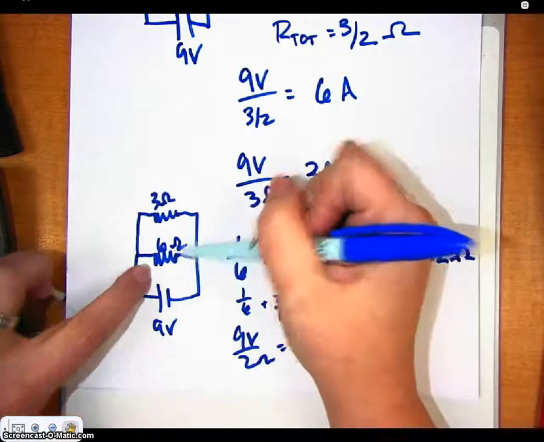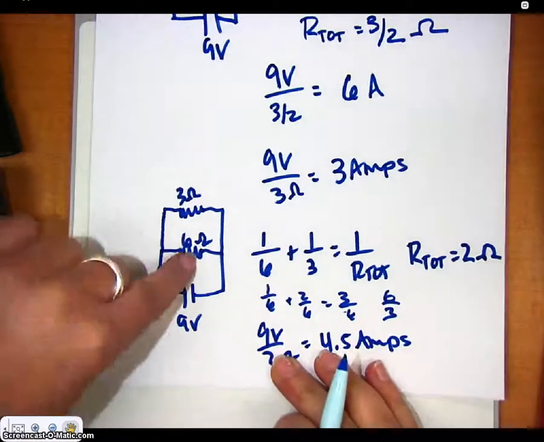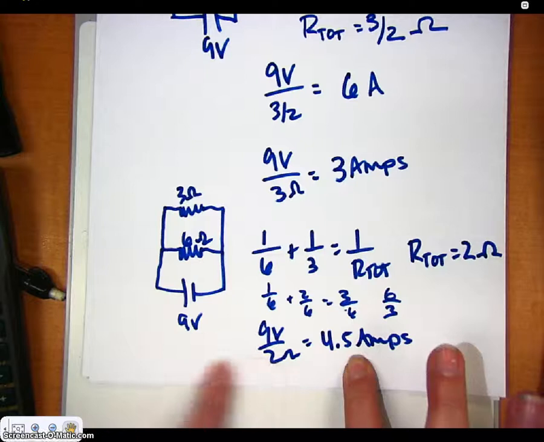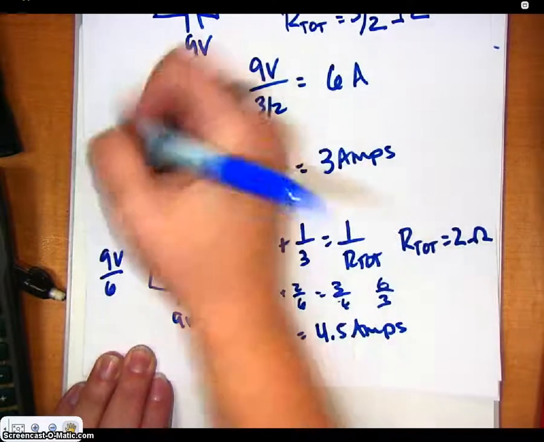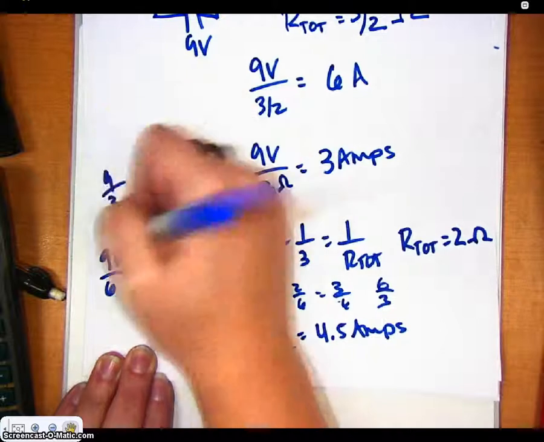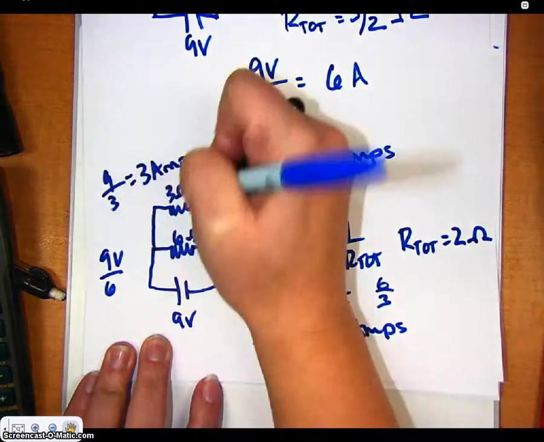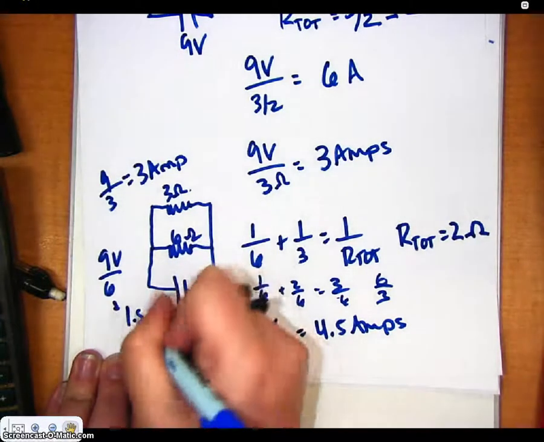So you're going to have 9 volts here and 9 volts here. Okay? So I could actually figure out the current in each place, and it should add to the total current of 4.5. So I just take 9 over 6 and then 9 over 3. So this is 1.5 amps here, and then that would be 3 amps there.